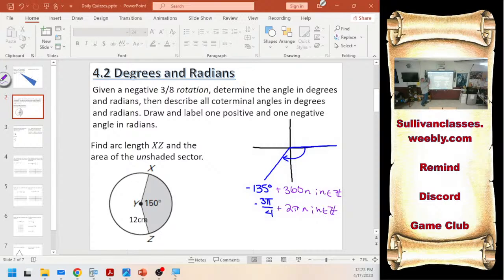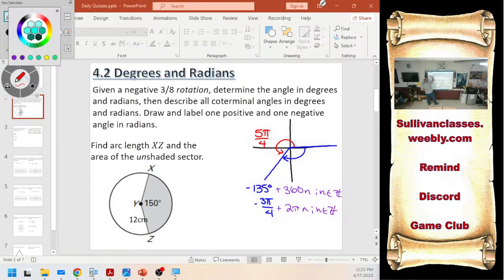If I want positive and negative coterminal angles, positive ones, nice and easy. Just go the other way. 3/8 of a rotation means I got 5/8 left. If every one of those eighths is a quarter pi, then this is going to be 5/4 pi, or 5 pi over 4.